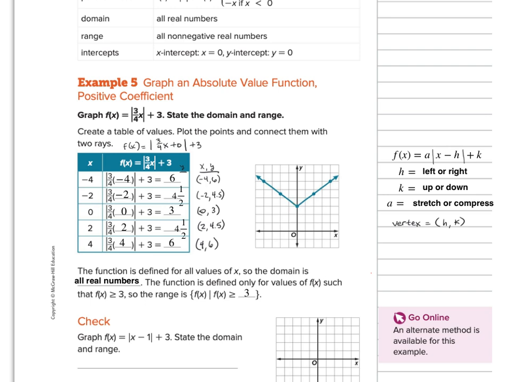So that's what they did. The domain of the absolute value function is all real numbers, because it goes on forever to positive and negative infinity. My range started at y equal to 3 and included all values greater, so y is greater than or equal to 3. That's how they come up with the domain and range.